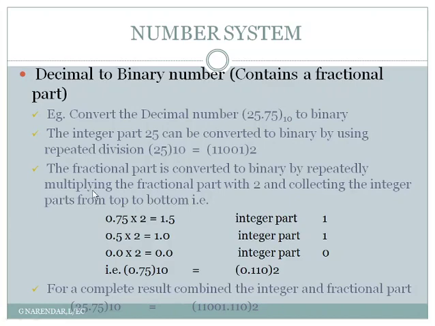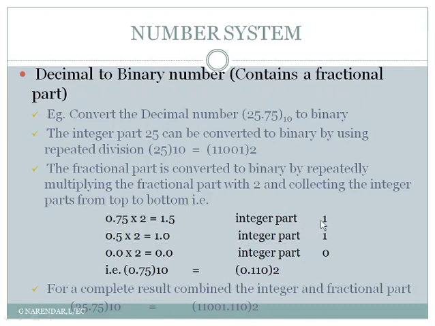This repeated multiplication should continue until you get the integer part as 0 or until you get a sufficient number of bits. How many bits are required is specified as per the problem.